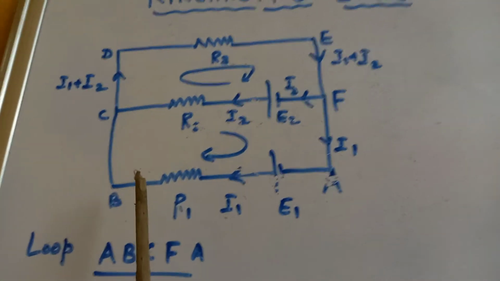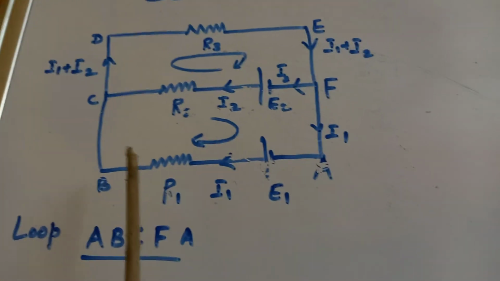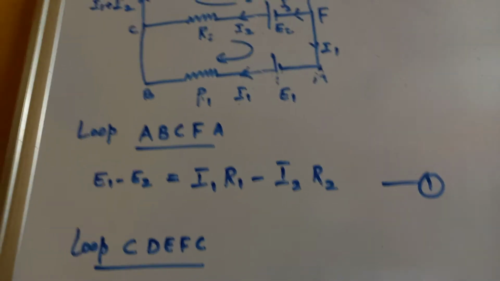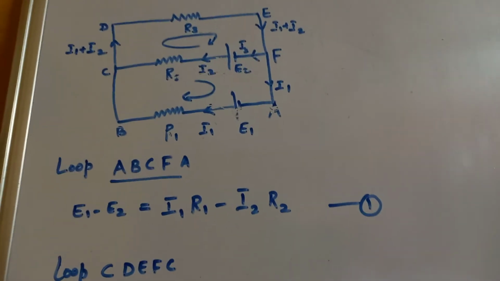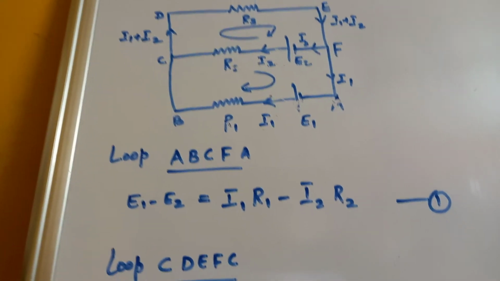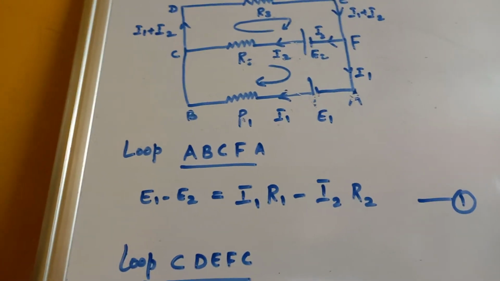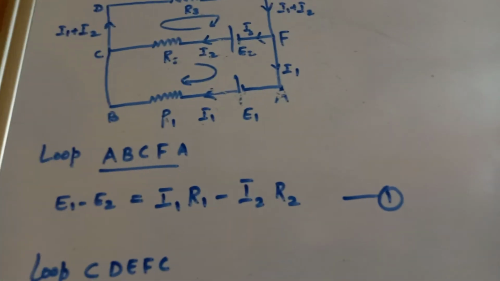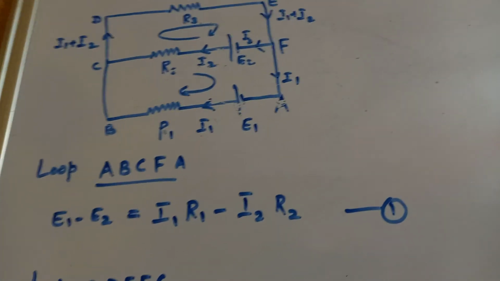So I2 R2 will be negative. The net will be I1 R1 minus I2 R2. Regarding the sign of EMF, we have already seen E1 is positive and E2 is negative. So we can form the first equation: E1 minus E2 is equal to I1 R1 minus I2 R2.